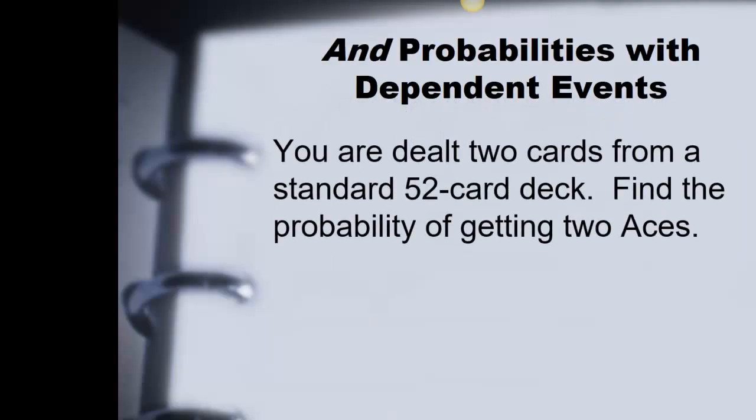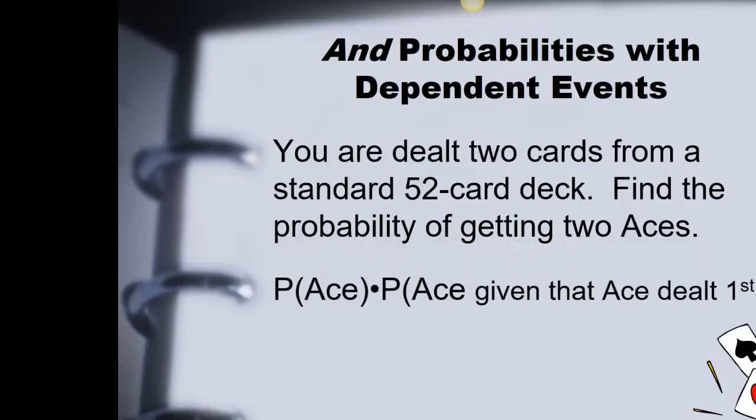We have an example. You are dealt 2 cards from a standard 52 card deck. Find the probability of getting 2 aces. So we're going to set up our equation. P of ace times P of ace, given that ace was dealt the first time. So we have 4 aces in a 52 card deck, so 4 out of 52.